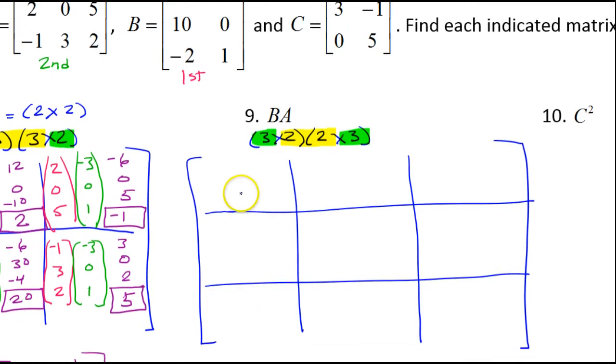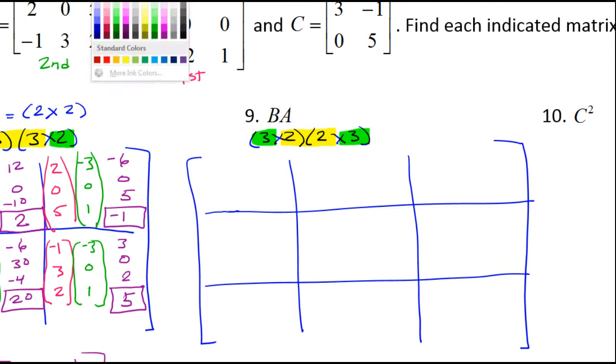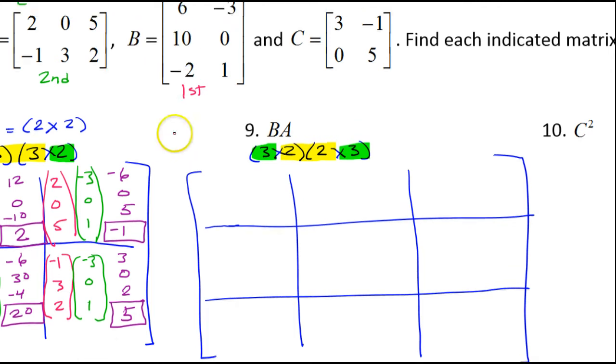Okay, this time, instead of doing each element one by one, I'm going to write down all of my rows first, and then I'll do all of my columns. That'll speed up the process a little bit.